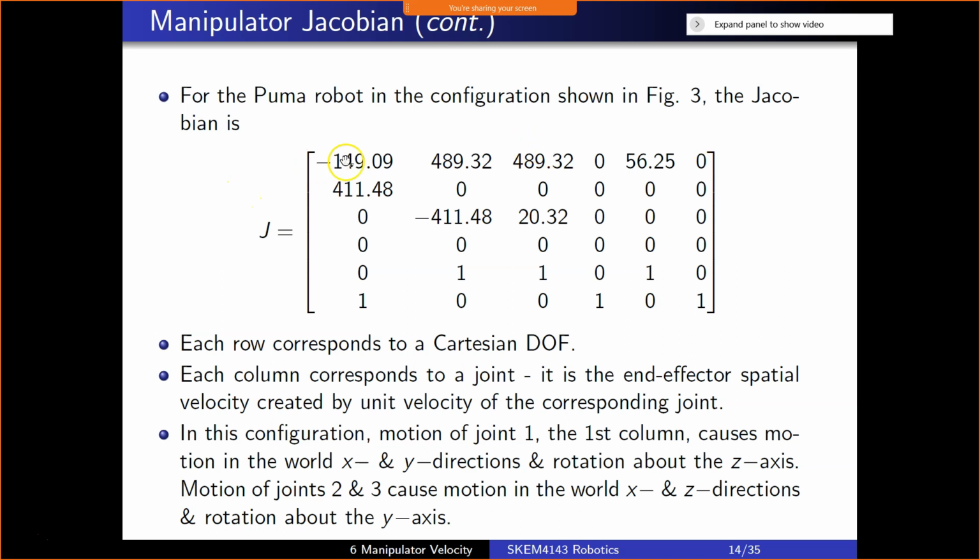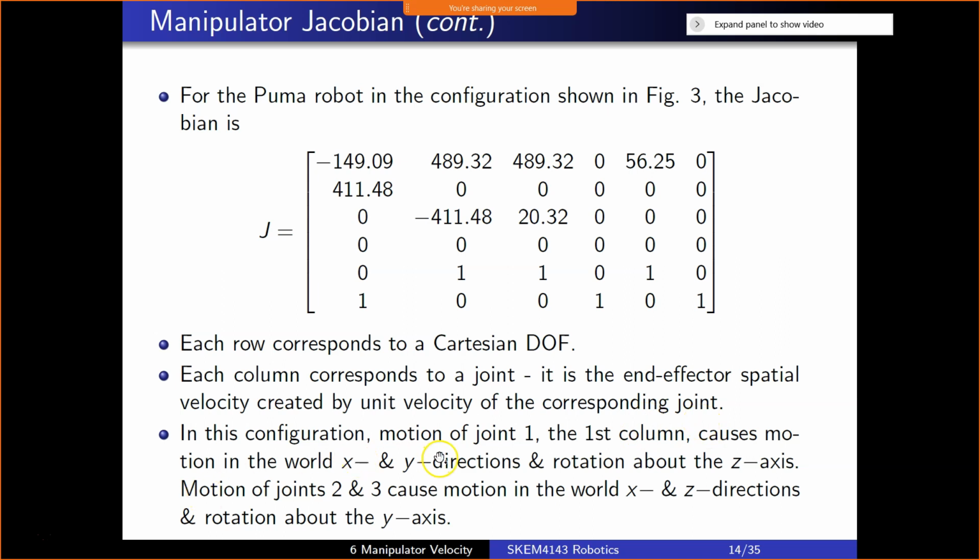We know that this corresponds to Vx, and this will produce Vy, Vz, and this will produce omega x, and so on. And each column corresponds to a joint. It is the end effector spatial velocity created by unit velocity of the corresponding joint. I've shown you why this is the case in the previous lecture, right?